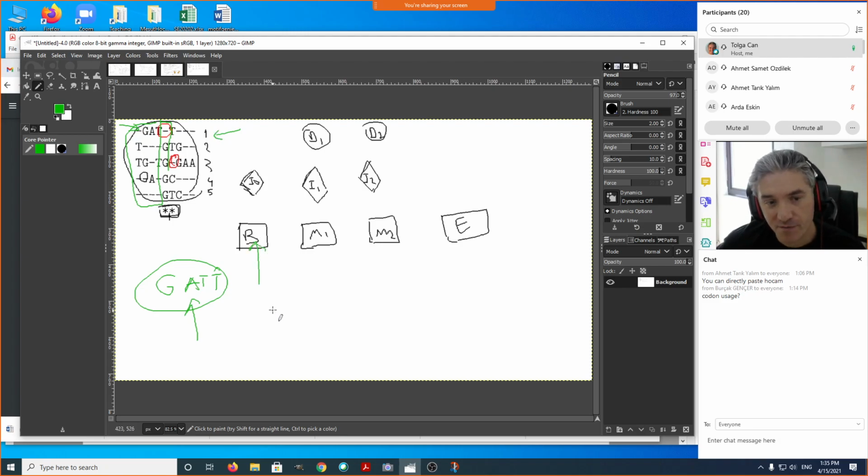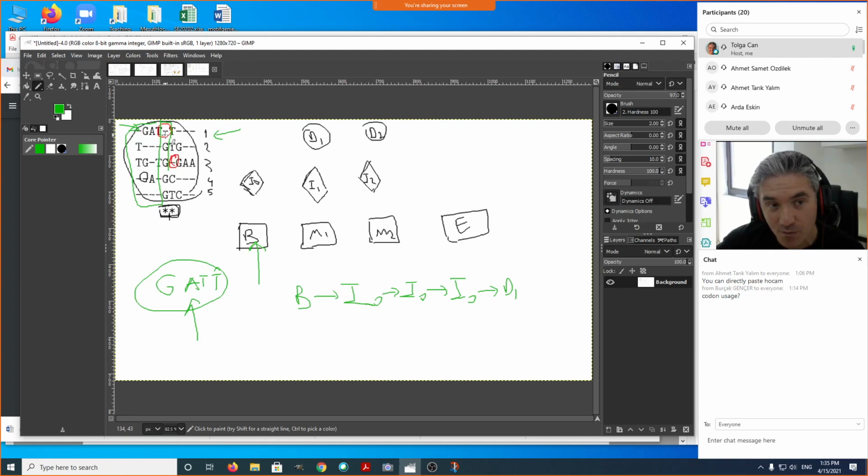First, every one of them starts with begin. From begin, this first sequence goes to I0 to emit this G, then goes to I0 again to emit this A, and goes to I0 again to emit this third letter. So it was at begin, I0, I0, I0, and then it goes to the delete 1 state because there's a gap in the first conserved column.